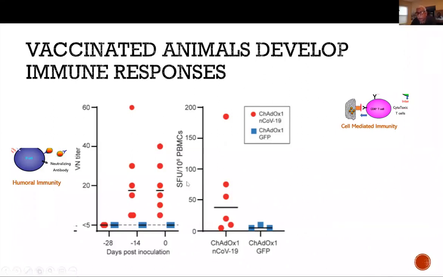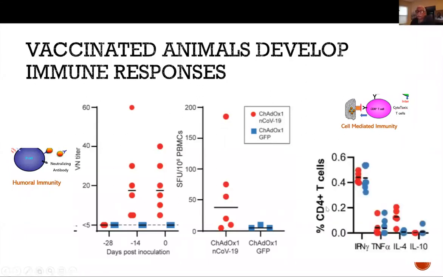Spot forming cell units are a measure of CD8 cytotoxic T cells, and you can see that the vaccine is also inducing cytotoxic T cells in some, but not all, of the monkeys. More importantly, these CD4 positive cells, this is cell-mediated immunity, are secreting interferon gamma. Remember I told you this virus has a very specific mechanism of blocking interferon. So this vaccine is inducing interferons in these monkeys. So it's a good sign.